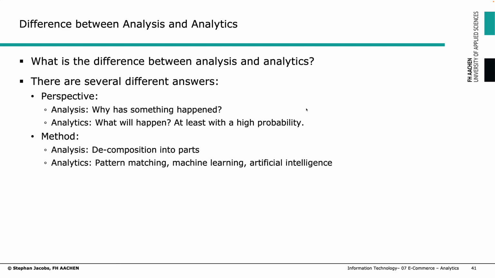What will most probably happen? Then there are different kinds of methods. Analysis is often decomposing a complex thing into parts and trying to understand these parts. Whereas analytics uses techniques like machine learning, artificial intelligence or pattern matching. It's very often based on computers and algorithms.